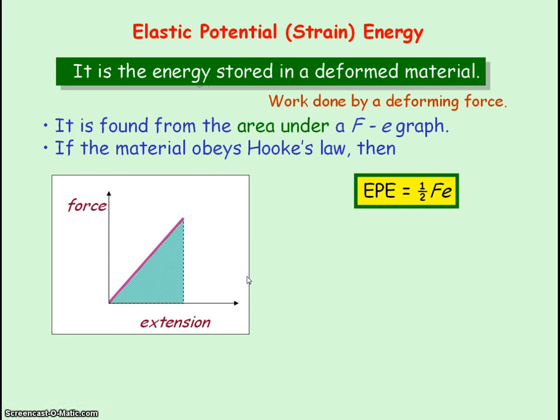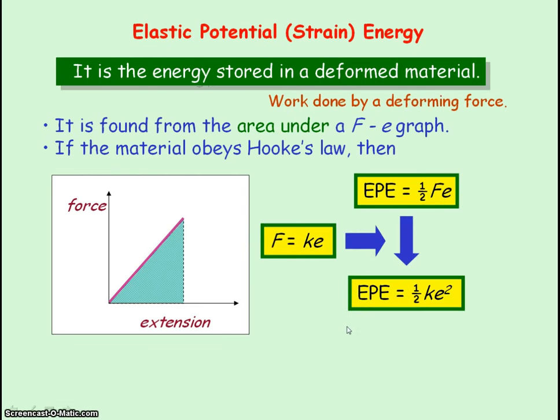As the material obeys Hooke's law, the force equals Ke, where k is the force constant. If we substitute this equation for force into the equation for elastic potential energy, we will have a half Ke times e, which is a half Ke squared. As k is a constant for a given material, the elastic potential energy is proportional to the extension squared.